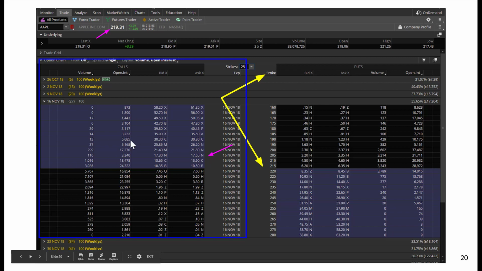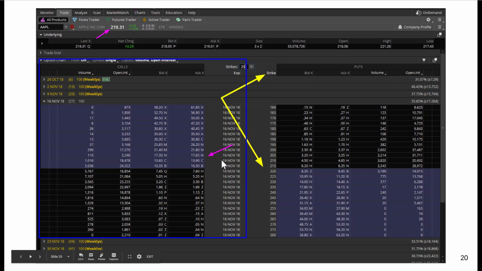In the money is basically anything that is already below the current price for a call. Currently, like I said, price is 219.31, so anything below 219.31 would be in the money. Price is already higher, and those options are going to have more intrinsic value, which we'll touch on more. So hopefully that makes sense with strike prices.